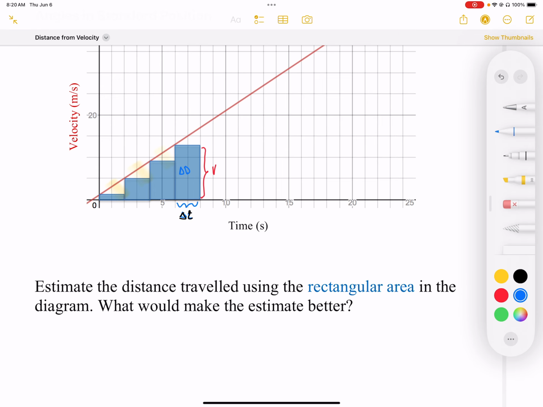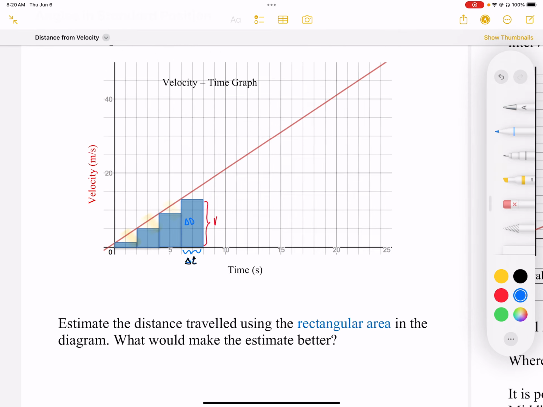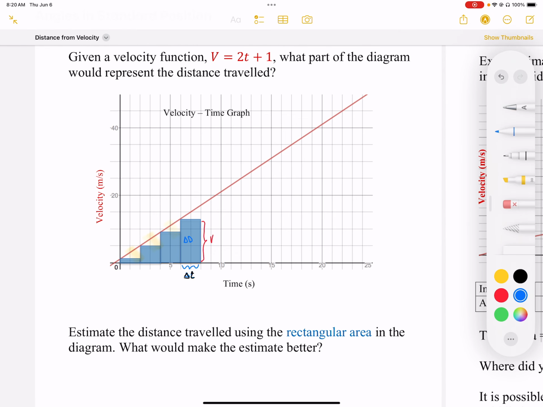So looking at that first area, we have this height. Looking at the equation, the y-intercept is 1, so we're going to say that that height is 1, and each one of those rectangles has a width of 2, so that's going to be 2, 4, 6, 8, like that.